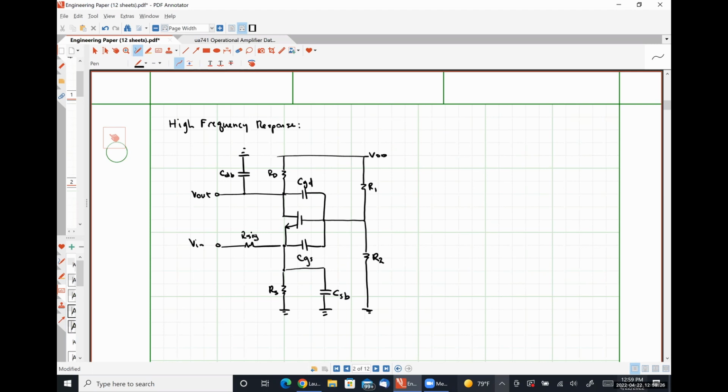What's the subscript on the capacitance next to the out? It's dB, because it's between the drain and the bulk. So it depends on the size of the internal capacitances as to when they stop looking like open circuits.